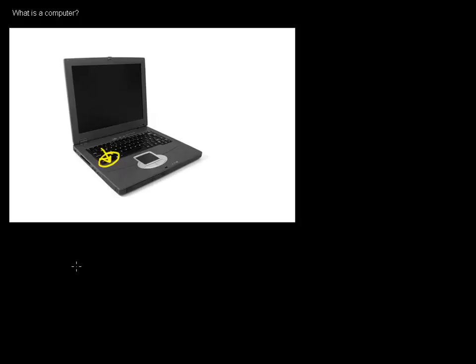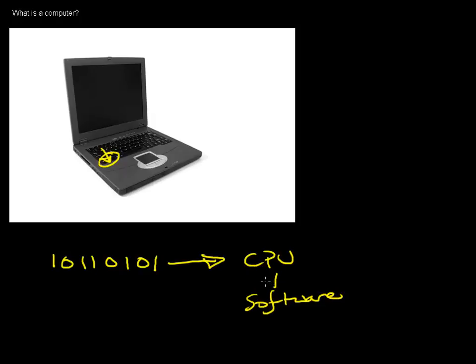So we use a system of counting called binary, which either has ones or zeros. A one if it's on, a zero if it's off. So that electrical signal, which might be something like this, will get passed through the computer to the central processing unit, which will then process it along with the software. The software will tell the CPU how to process this electrical signal.